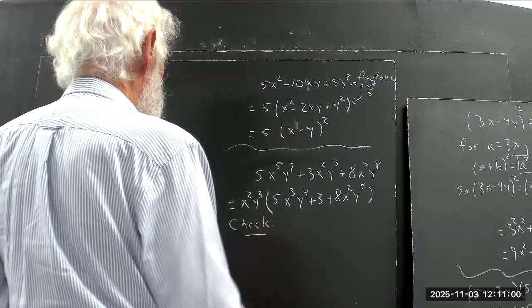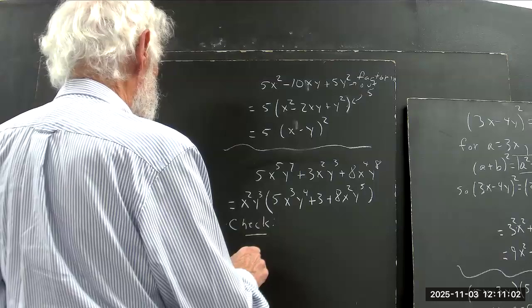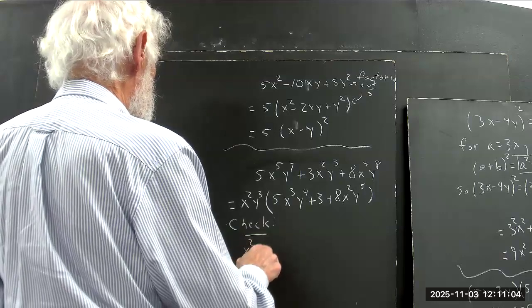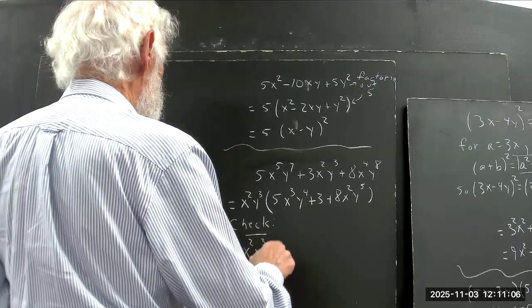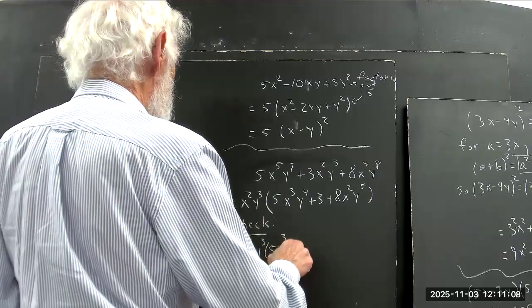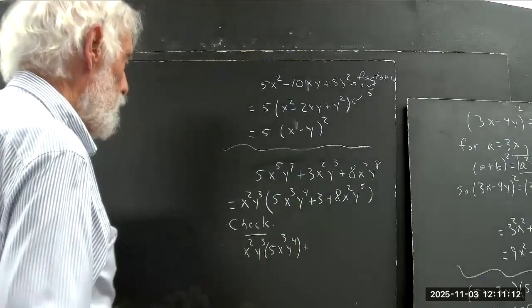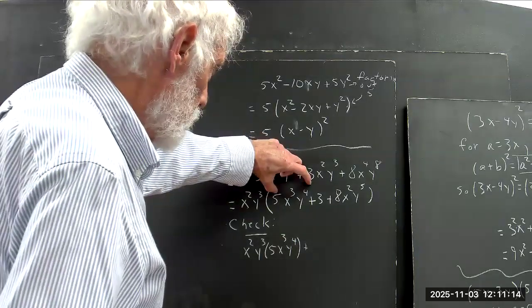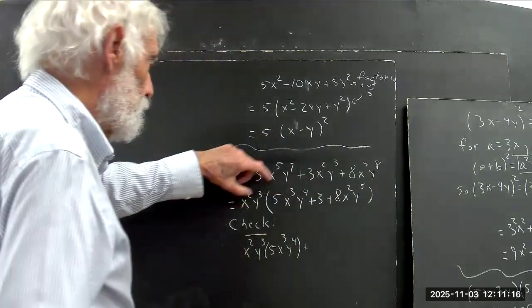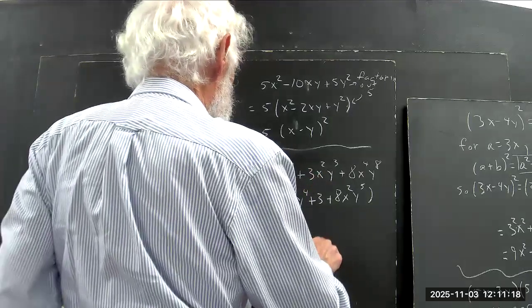Now I recommend we check this. If we multiply this out, we have x squared y cubed multiplied by this, plus x squared y cubed multiplied by this.